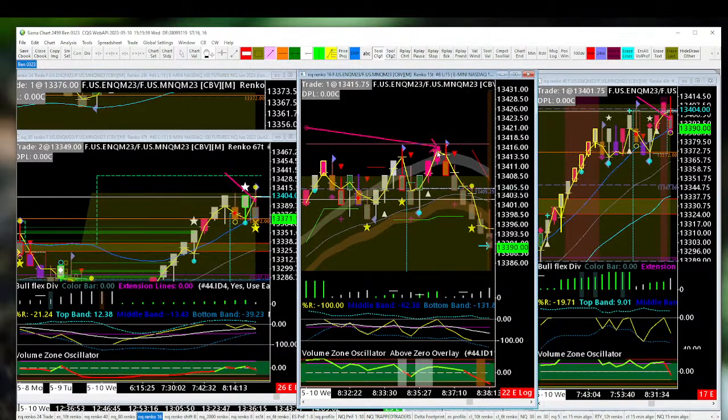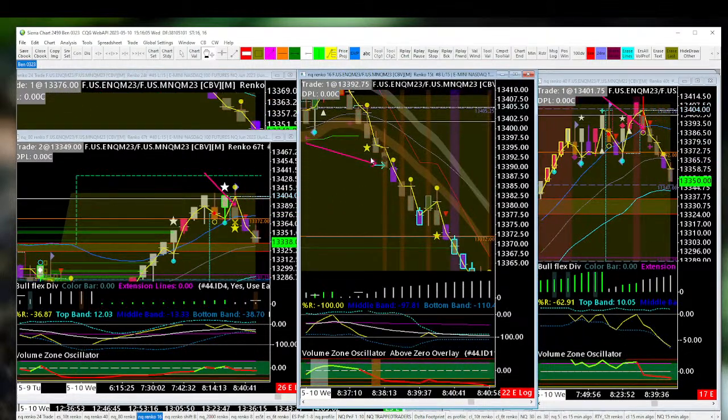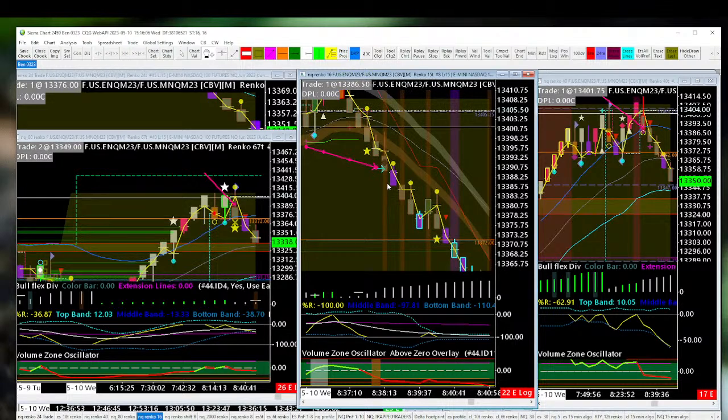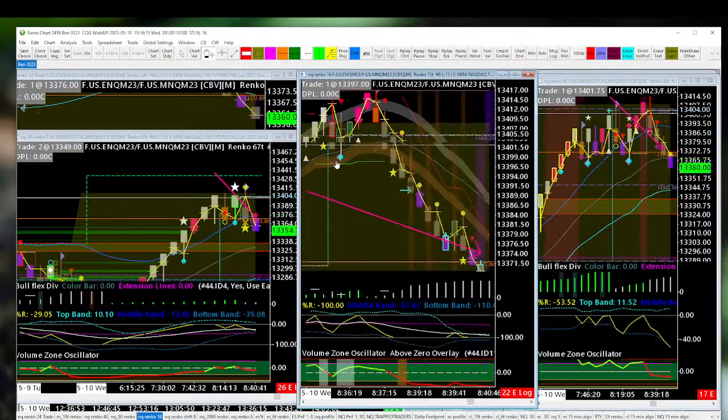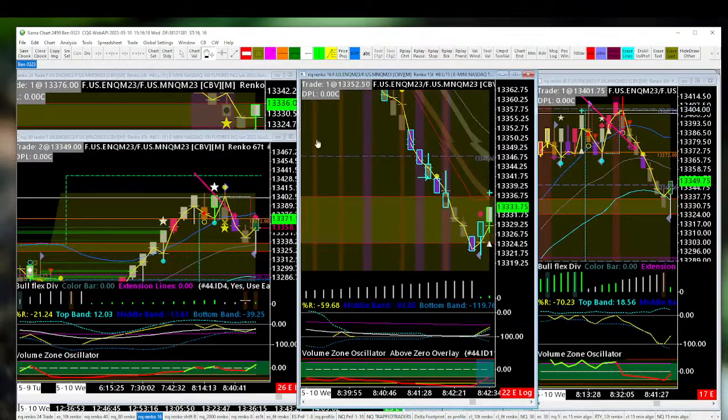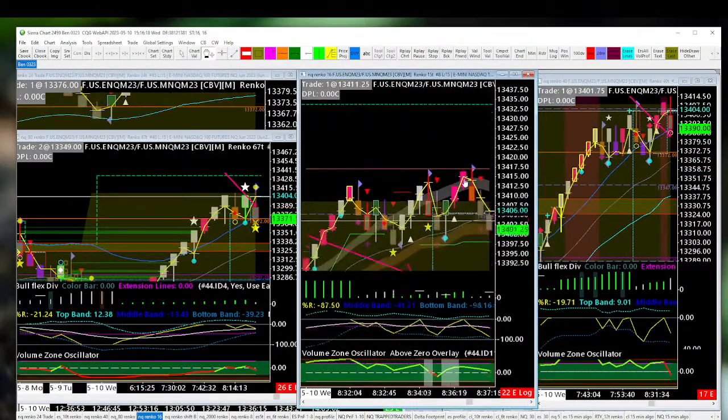So if you don't care about this, but you want to catch that, right? If this is the move you want, then you just need to know what time frame to trade it on, in my opinion. Because here, that is beautiful, right? You can make a lot of money with that little move.